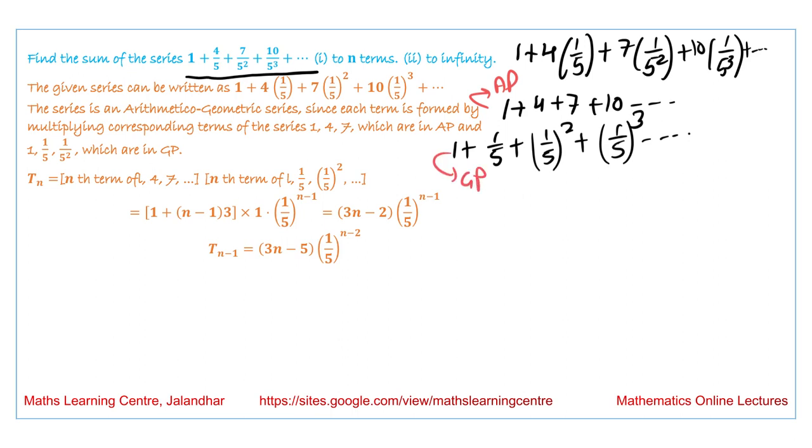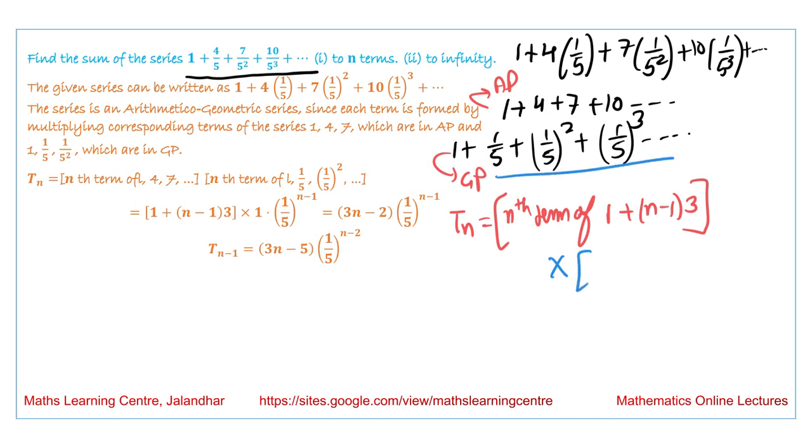So the nth term, Tn, is the nth term of this AP, given by 1 plus n minus 1 into 3, times the nth term of this GP, which is 1 into 1 by 5 raised to the power n minus 1.